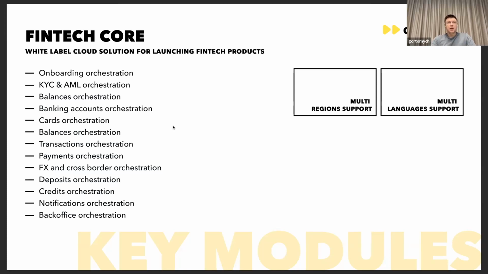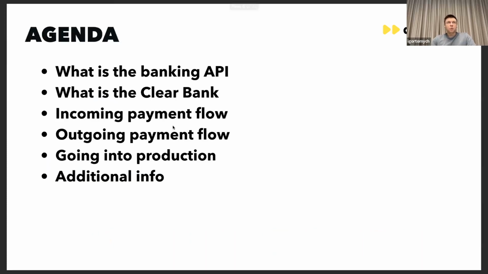So today, we will talk about what the banking API is, what ClearBank itself is, and why it's so different from other platforms and other banks. We will talk a little bit about the incoming flow for transactions and how you usually implement this functionality in your platform.